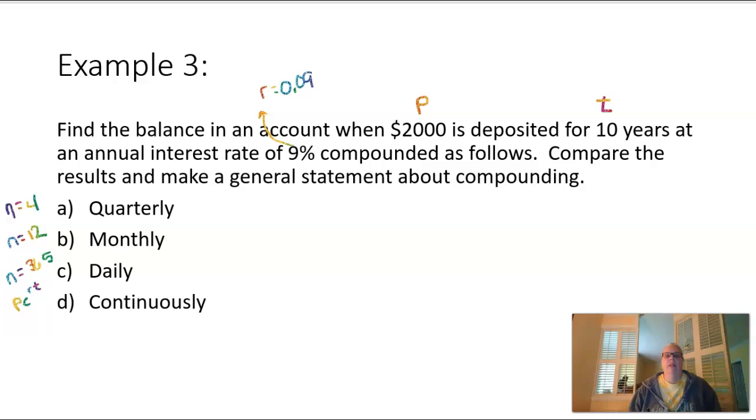And let's see if we can figure these out. The amount in the account is going to be 2,000 times 1 plus 0.09 divided by 4 to the power 4 times 10. All right, let's see what this is going to give us.